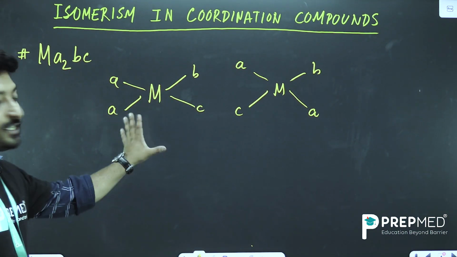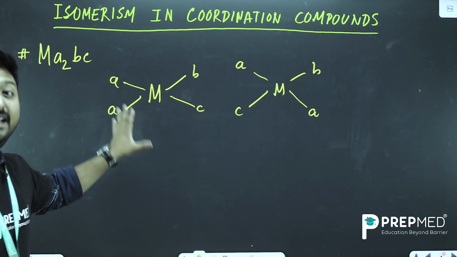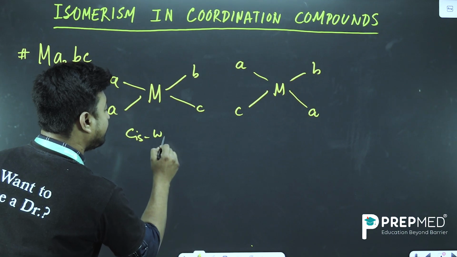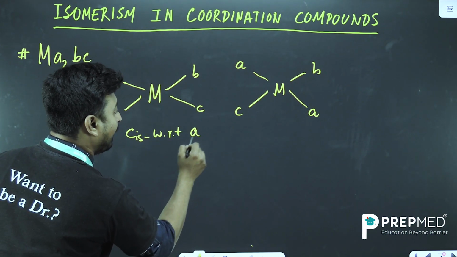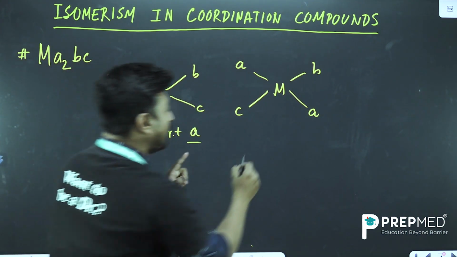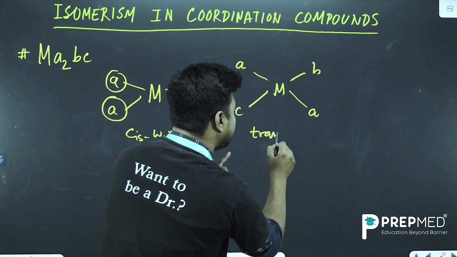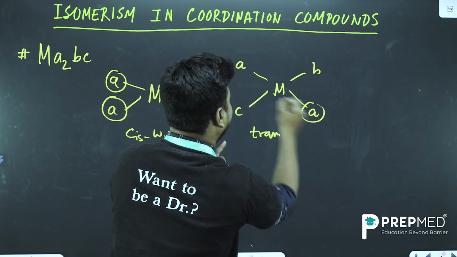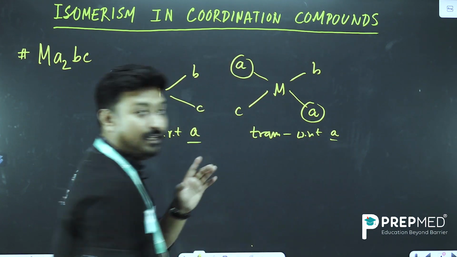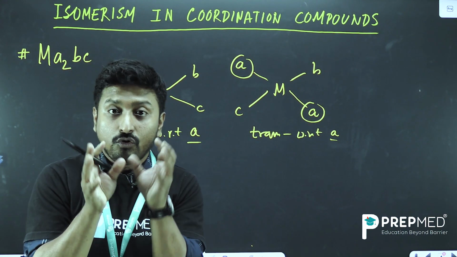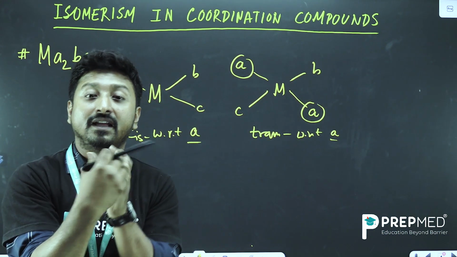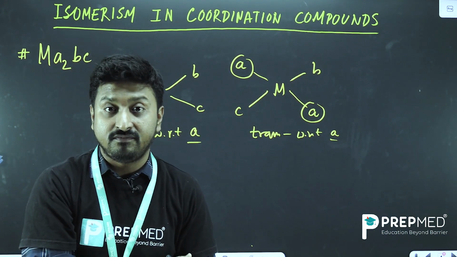Now see, this molecule, we will say it is cis with respect to A. Cis with respect to A. And this molecule will be called trans with respect to A. Trans with respect to A. That means we have to find the common ligand, and with respect to that we will define which is cis and which is trans.